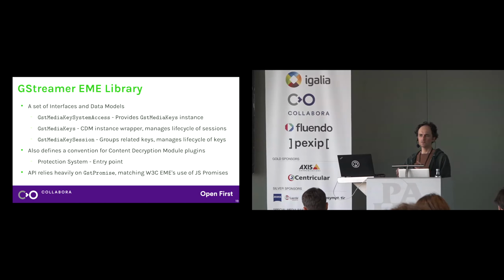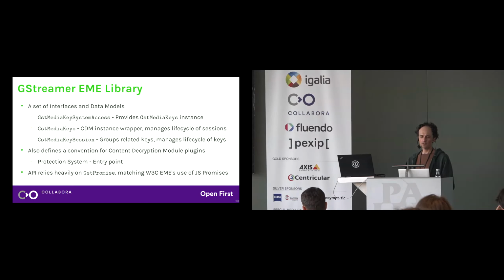What we decided on is to create a kind of fake element that has a little action signal API that you provide those arguments to, and if the configuration you've asked for can be satisfied by the EME stuff you have installed on your computer, it will return the system access object.